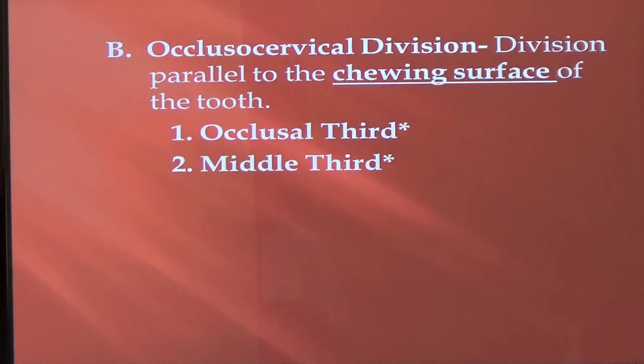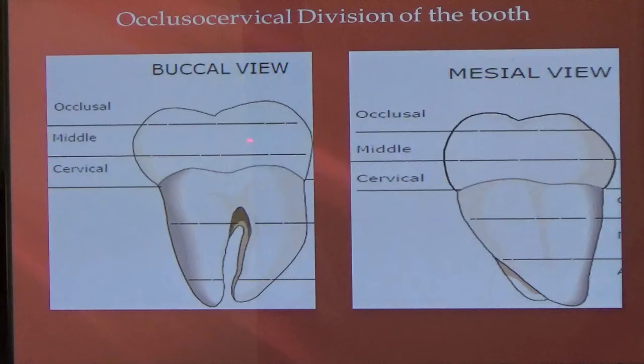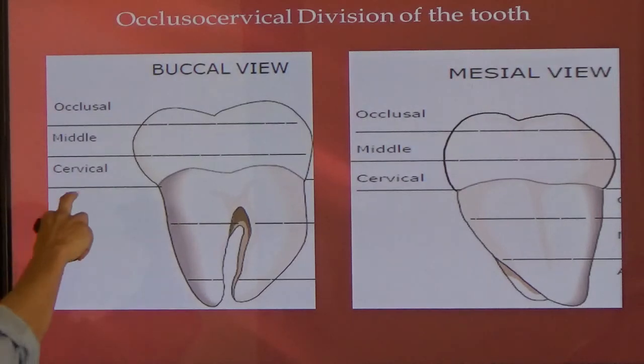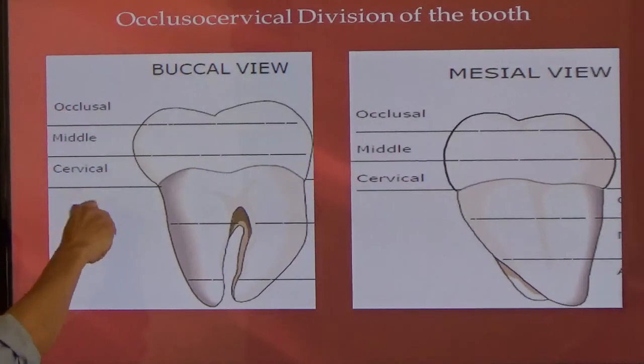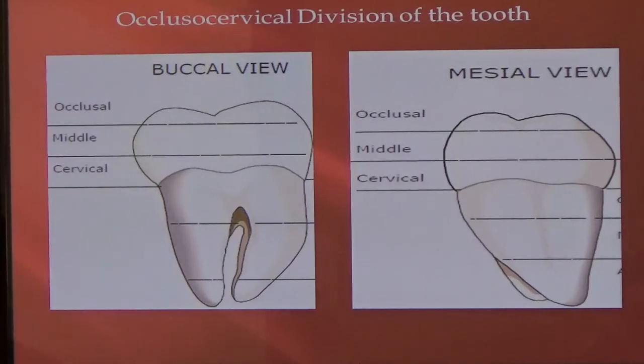Then you have middle third again, and then cervical third again. So here we're looking at the crown: occlusal third, middle third, cervical third. That's why it's called occlusal cervical, going from the occlusal down to the cervical. You just kind of divide that word up.